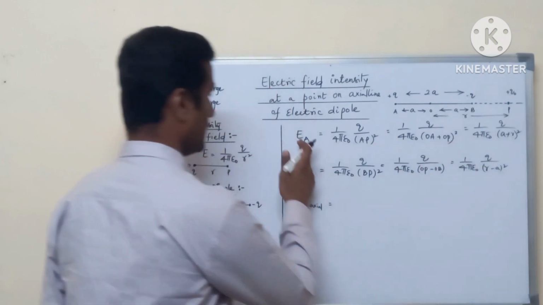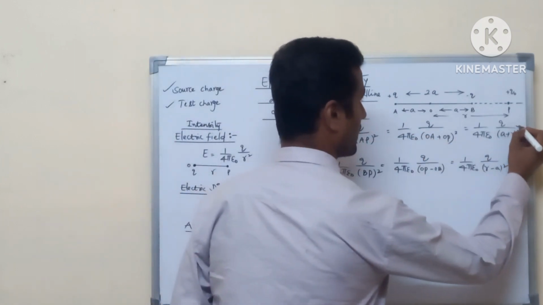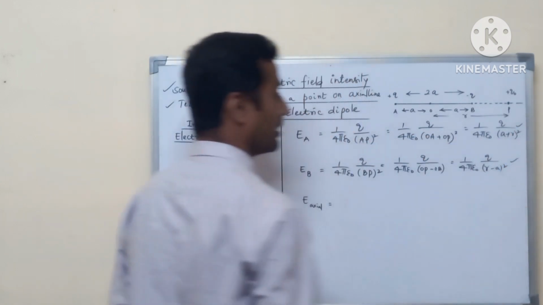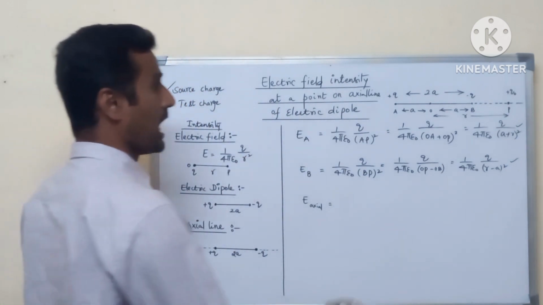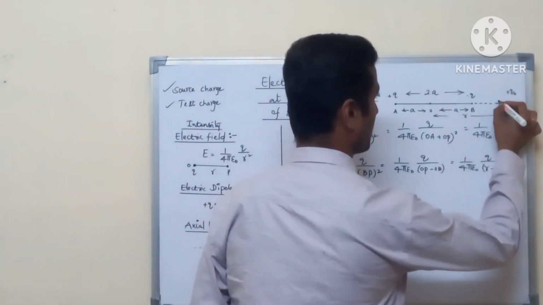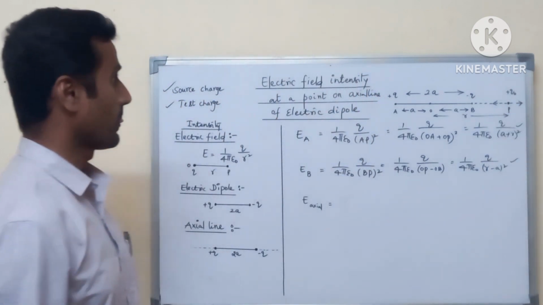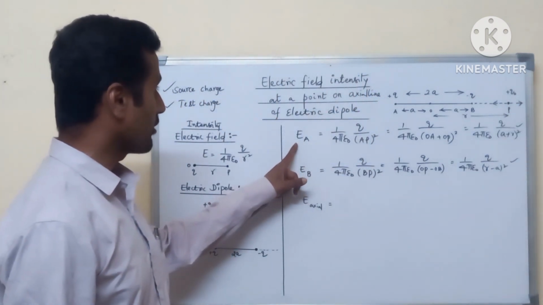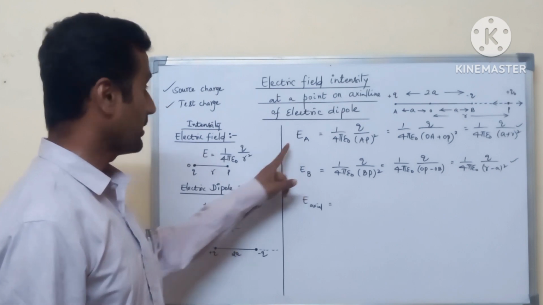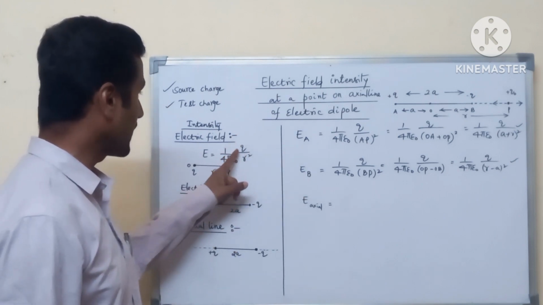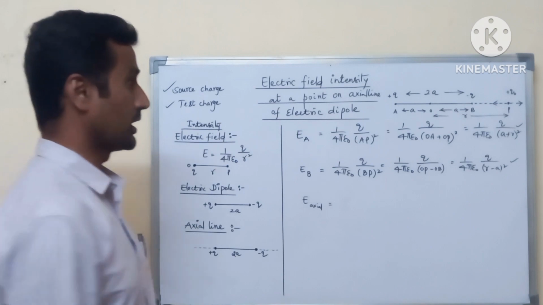Here EA and EB are in opposite direction to each other, because the direction of electric field can be calculated by the sign of the source charge.